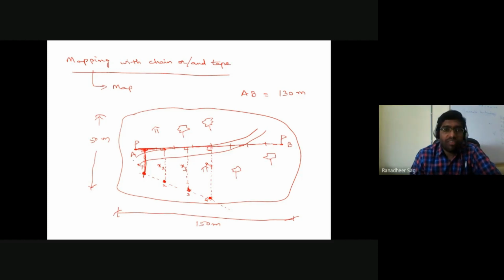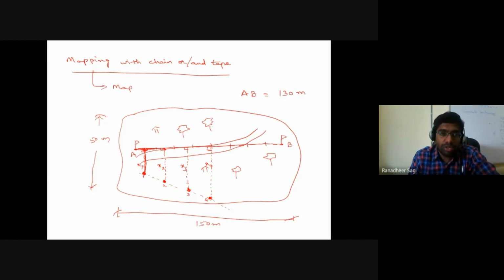Okay. Now let us try to understand. I have located the position of the first electrical pole by traveling in the direction from point A to point B. How much distance have I traveled from point A to point B?